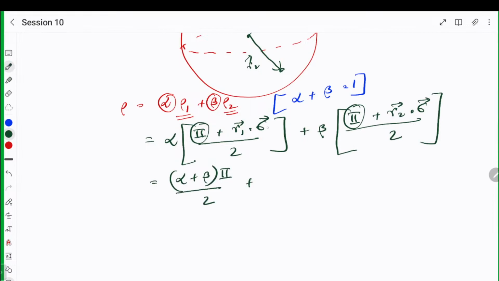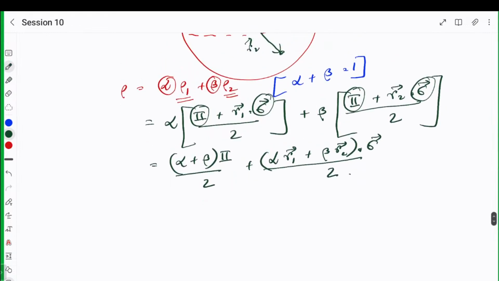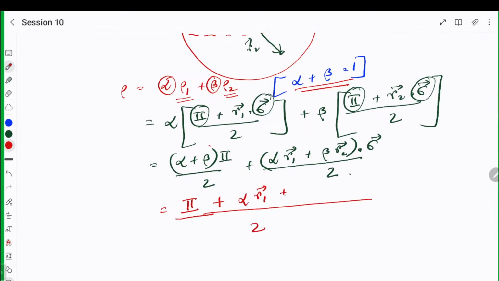And if you look at the coefficients of sigma, then it is just (alpha R1 vector plus beta R2 vector) dot sigma divided by 2. Okay. So here alpha plus beta, as we have said, is 1. So this is nothing but I by 2 plus (alpha R1 vector plus beta R2 vector) dot sigma divided by 2.